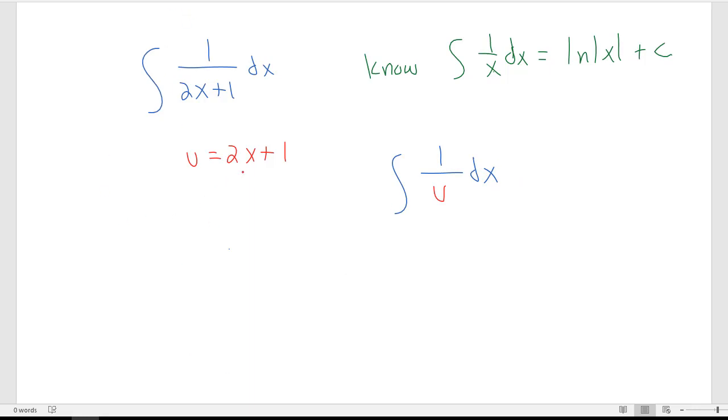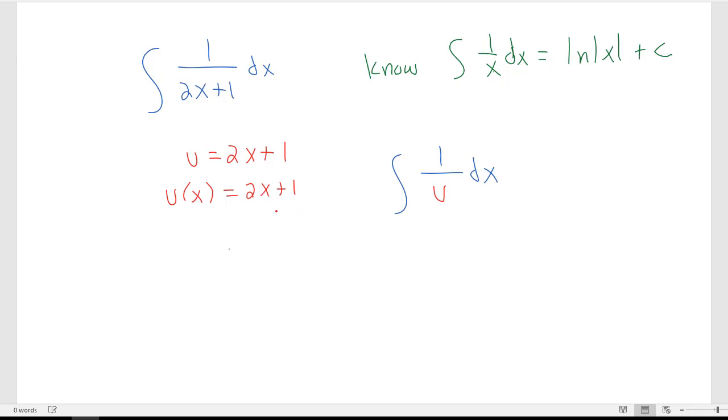What I'm really thinking of with my substitution here is that I've made u a function of x. I'm going to write function notation here: u is a function of x, 2x plus 1.